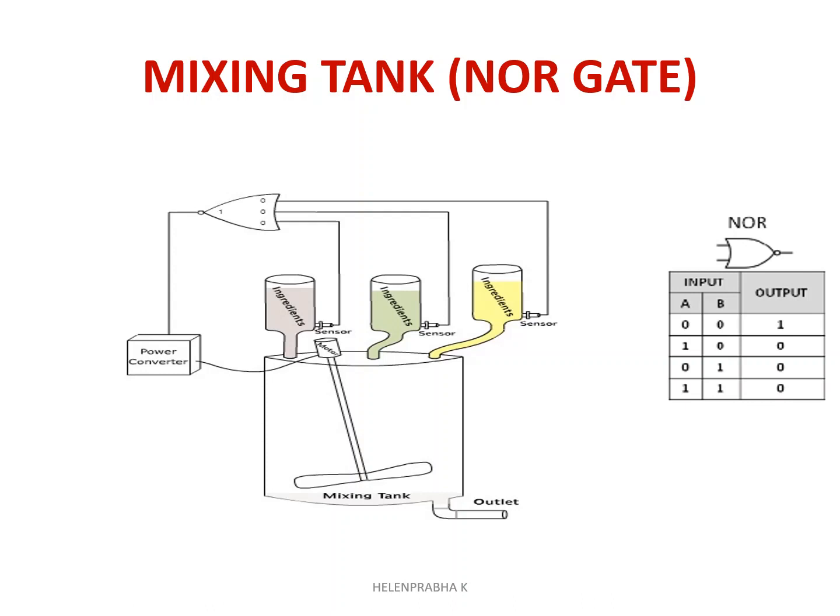So if the sensor gives 0 value, sensor 0 closed, then the inputs of the NOR gate are all 0, then automatically your NOR output is high. Then this power converter mixes the tank using this mixer. So you will get the output.